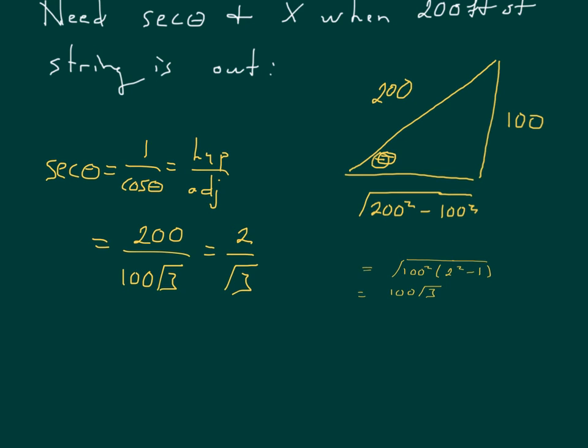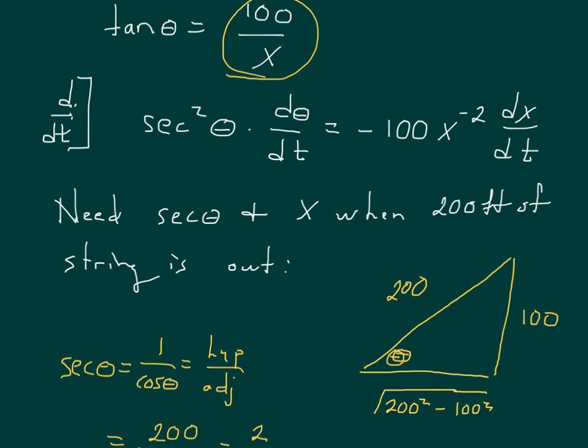So now what are we going to do? Well, we're just going to substitute into what we'll call star, which is to say we're going to substitute into this one right here. All right, so we're going to replace secant theta with what it is. We just found that out. X by what it is. We just discovered what that is. We know what dx dt is, so we can replace that by what it is.